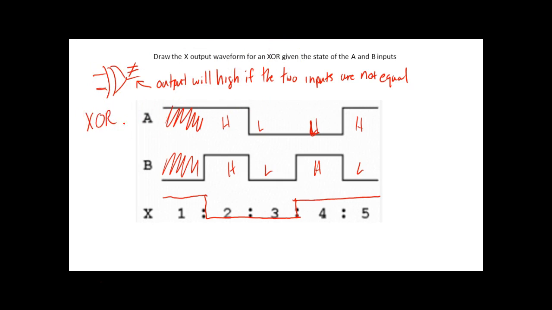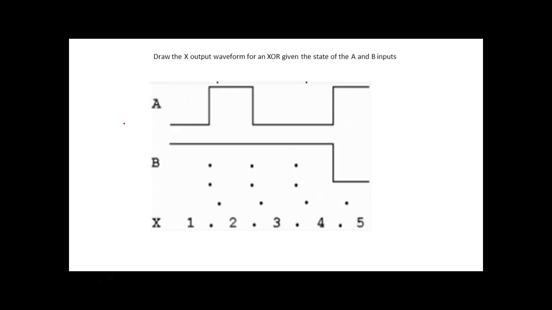That's a short method of representing it. So this is an exclusive OR. And so I usually do that, indicating what we get if they're not equal.